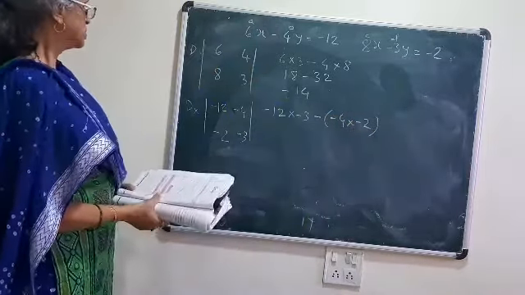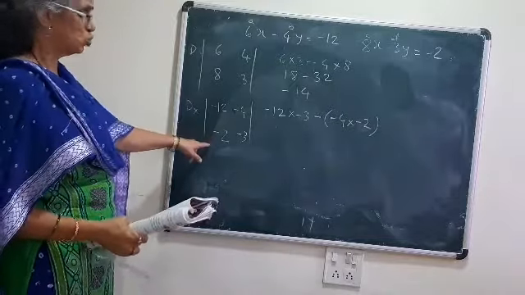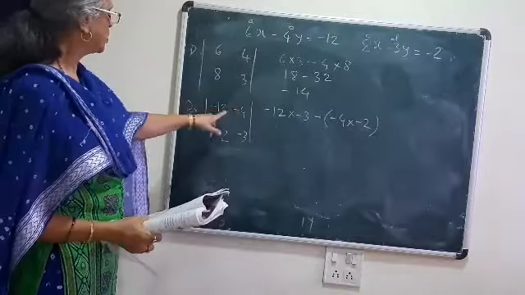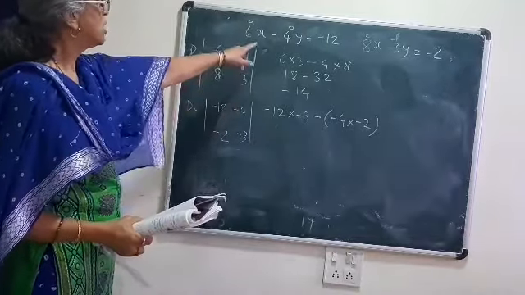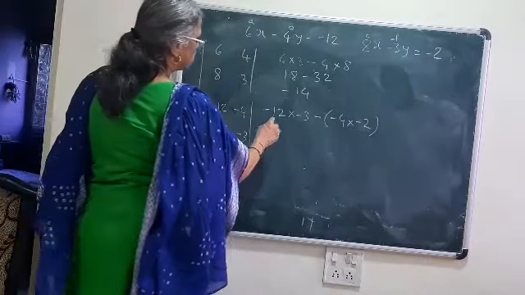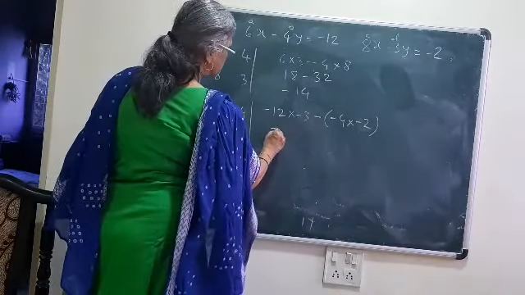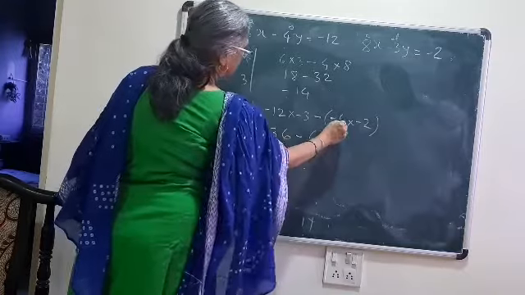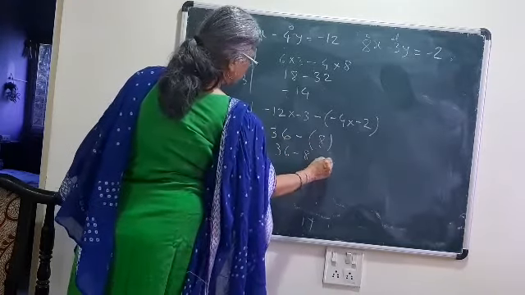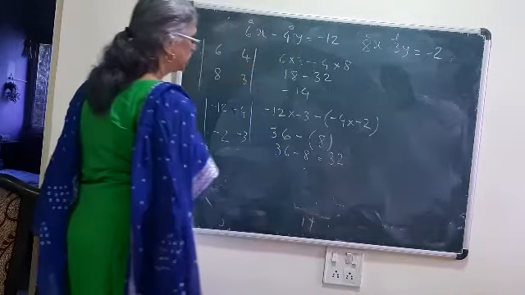So the constant terms are minus 12 and minus 2, while the coefficients of y are minus 4 and minus 3. All terms are negative, so be careful. So minus 12 into minus 3 will be plus 36, minus sign, here will be 8. So 36 minus 8, how much will it be? It will be 28.